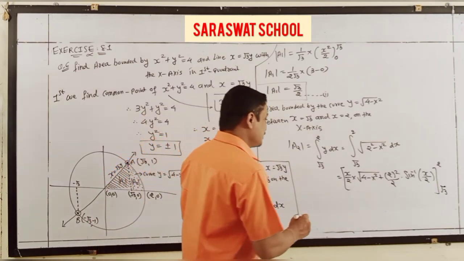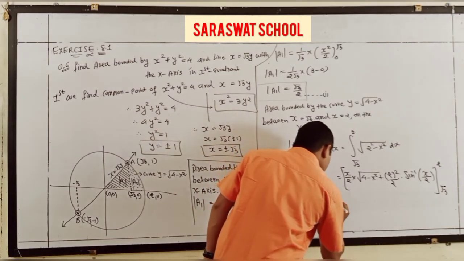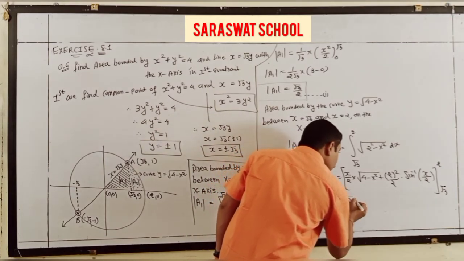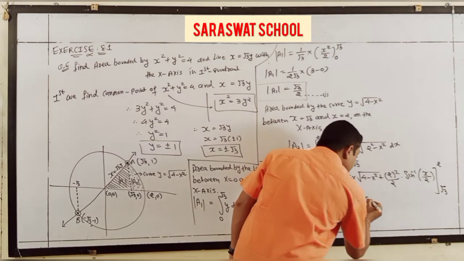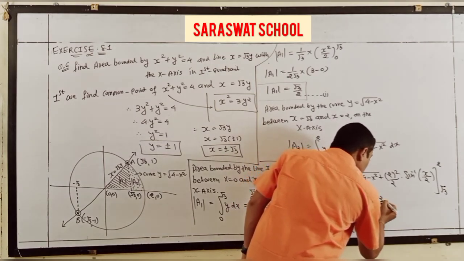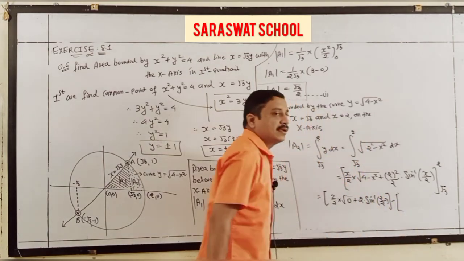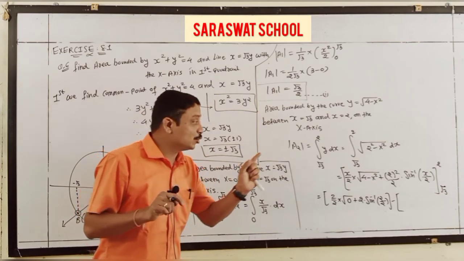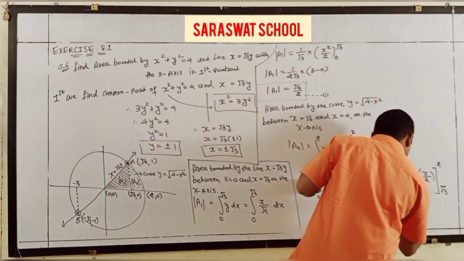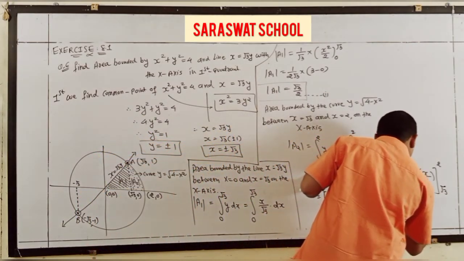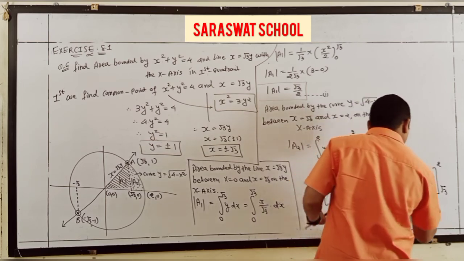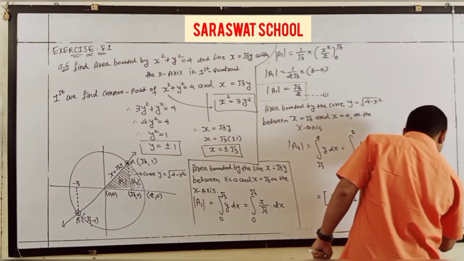Upper limit putting 2 by 2, here 0. Here 4 by 2 means 2, sine inverse 2 by 2. Okay, upper limit done. Now I operate the lower limit, root 3 applied. So here root 3 by 2, here 4 minus 3. Continue, 2 sine inverse root 3 by 2.